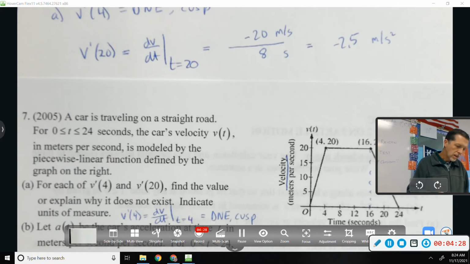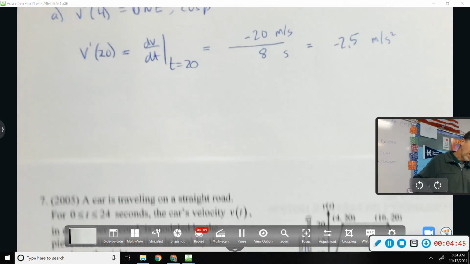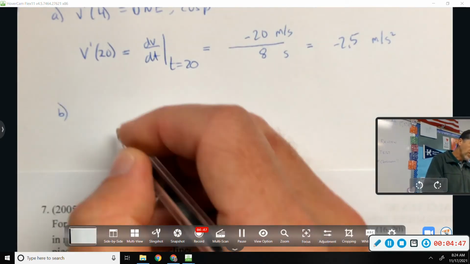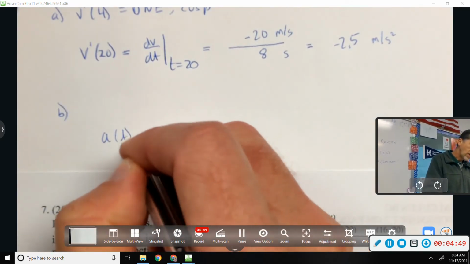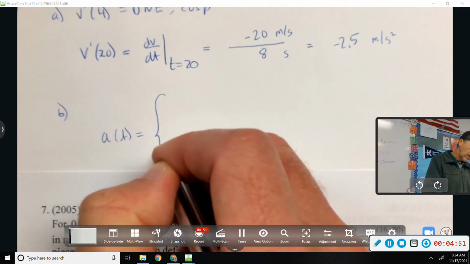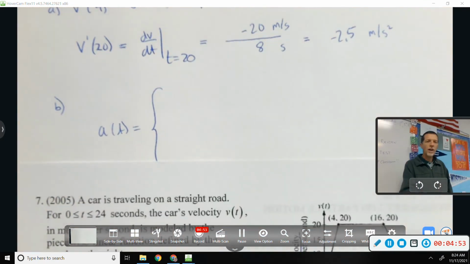Part B. Let A be the car's acceleration in meters per second squared. Sort of just gave you the answer to part A, or part of the answer. Write a piecewise defined function for acceleration. Okay, so a piecewise defined function, that's where we got to write it in pieces.